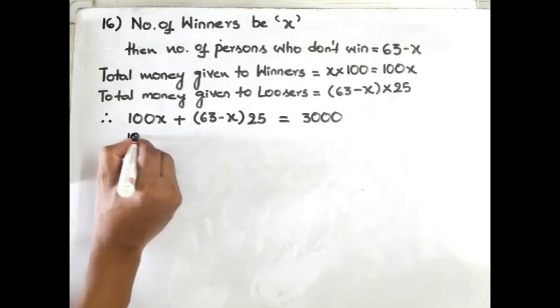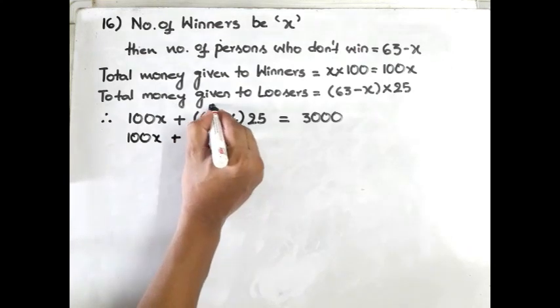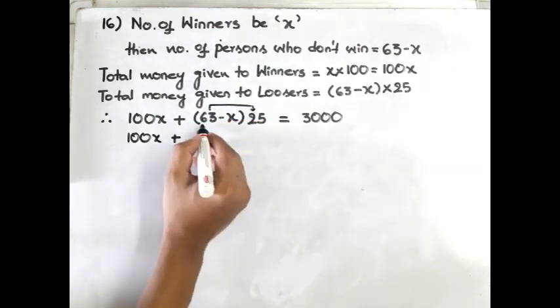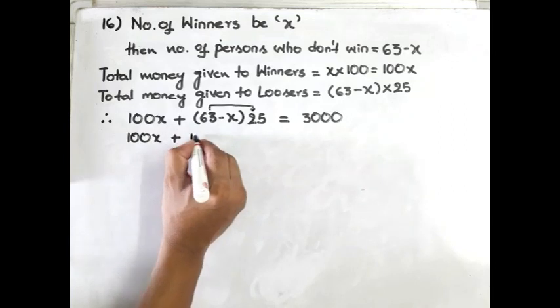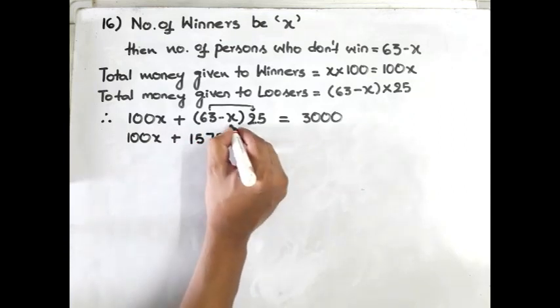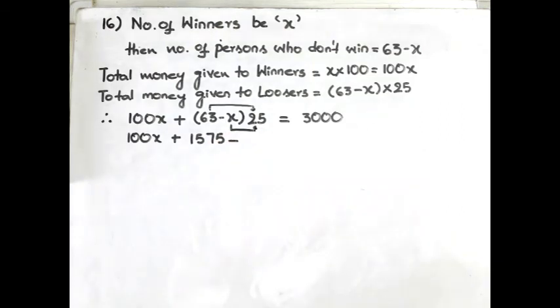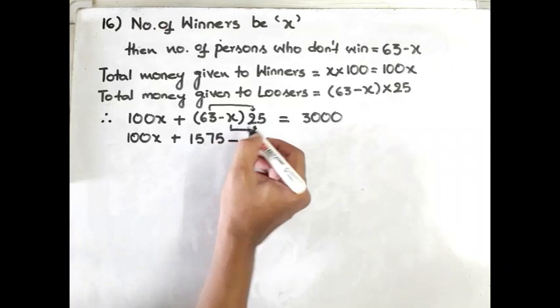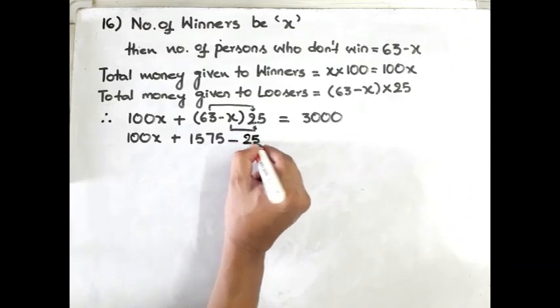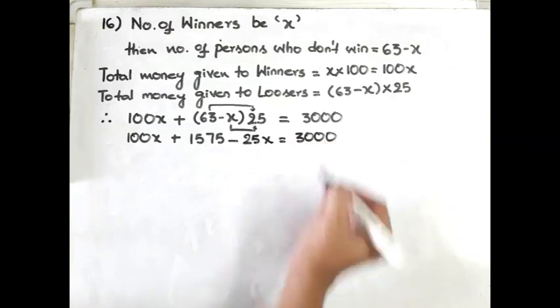So 100x plus first term into the first, 63 into 25, we will get 1575, minus second term into this. Okay, multiplying a binomial with a monomial. x into 25, 25x is equal to 3000.